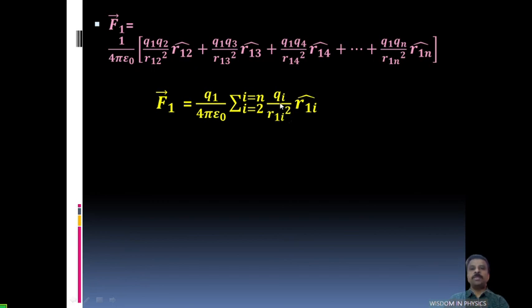If you substitute i equal to 3, you will get the second term, Q1 Q3 by R13 square, R13 cap. If you substitute i equal to 4, you will get Q1 Q4 divided by R14 square, R14 cap, with the constant 1 upon 4 pi epsilon 0. So this is the generalized expression to find the total force acting on a charge in the system due to many other charges in the system.